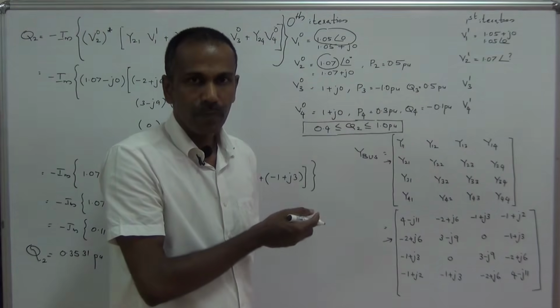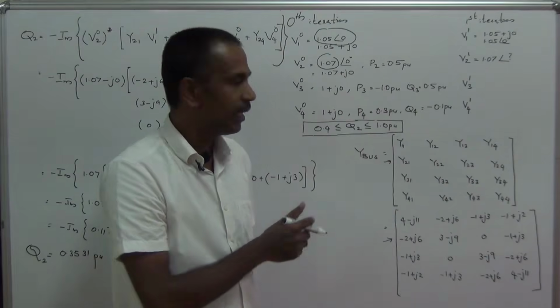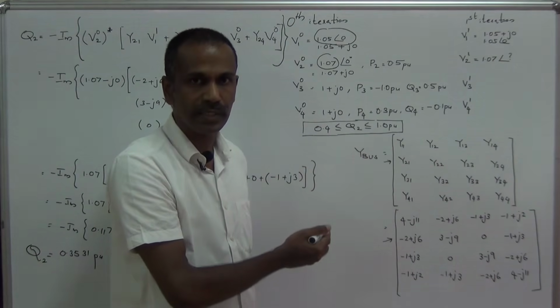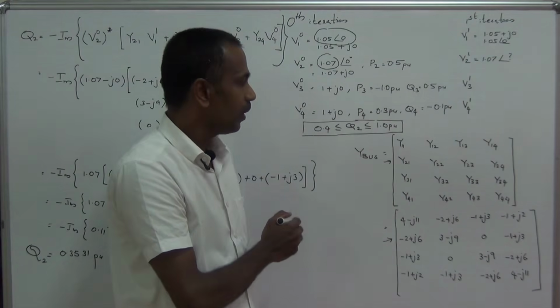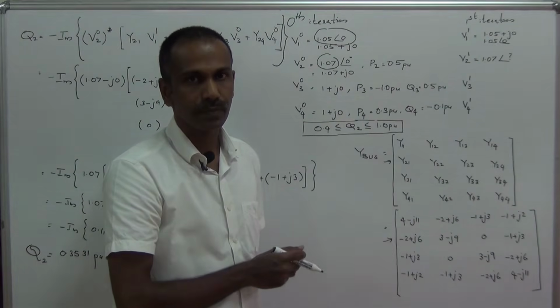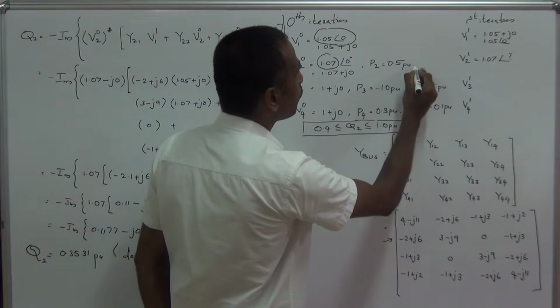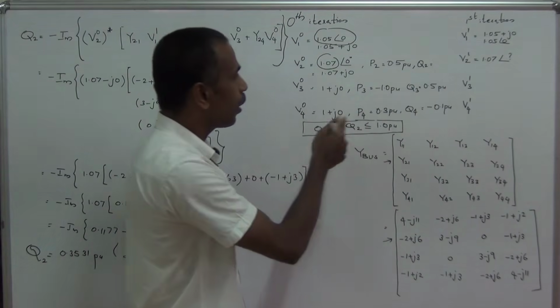So if the machine violates the reactive power demand, then this machine cannot be considered as a PV bus, or a voltage controlled bus. Now this will automatically become the normal PQ bus. Now we have to set the reactive power Q2 equal to its lower limit, 0.4.